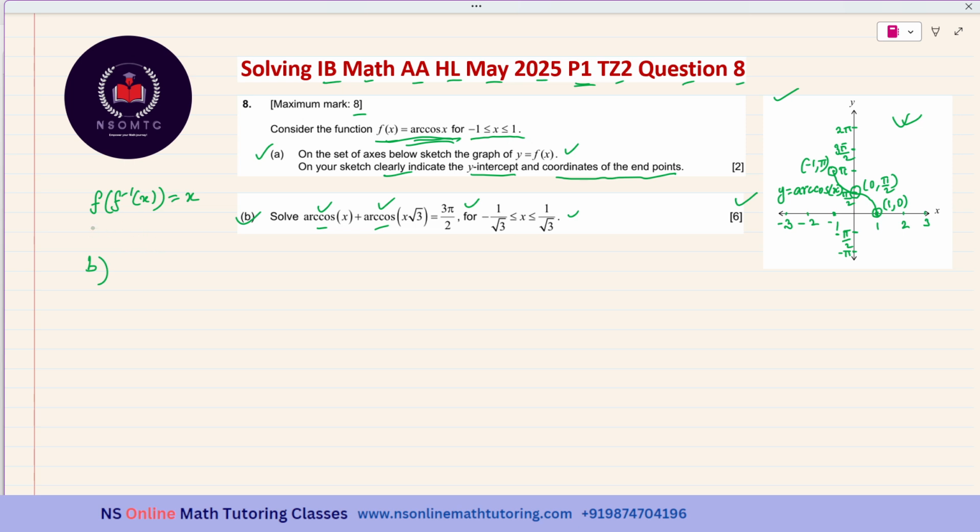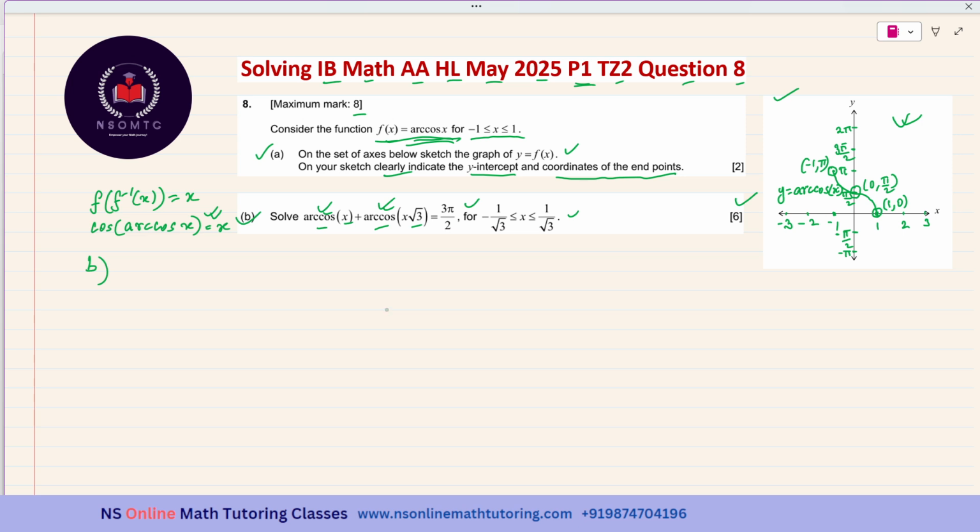Therefore cos of arccos of x, whatever is the argument, will be equal to x. So if we can get this type of terms, then we can extract only these arguments which contain x and get rid of these arccos functions.